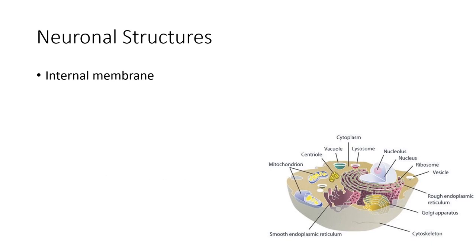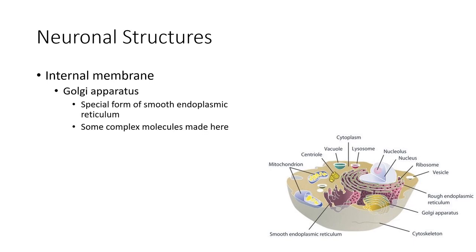Next, we're going to take a look at the Golgi apparatus. That is located right here next to the rough ER, and the Golgi apparatus is actually a type of smooth endoplasmic reticulum. Now, what happens here is the formation of complex molecules. Within the Golgi apparatus, complex molecules are made from more simple molecules.